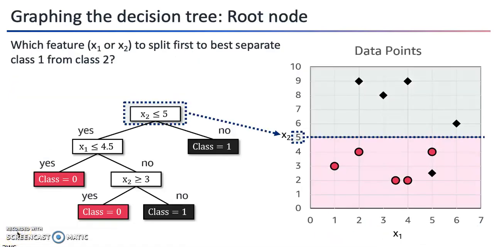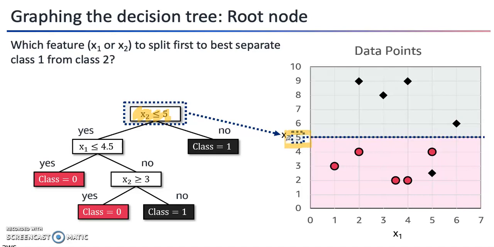So we take a look at the root node here. This root node has a condition relative to a threshold value. Even though the condition is an inequality, a less than or equal to, the value that we may consider a threshold is the value of 5. So x2 is represented in the vertical axis, and as the values on the vertical axis have a scale from 0 to 10, that value of the threshold is right in the middle.